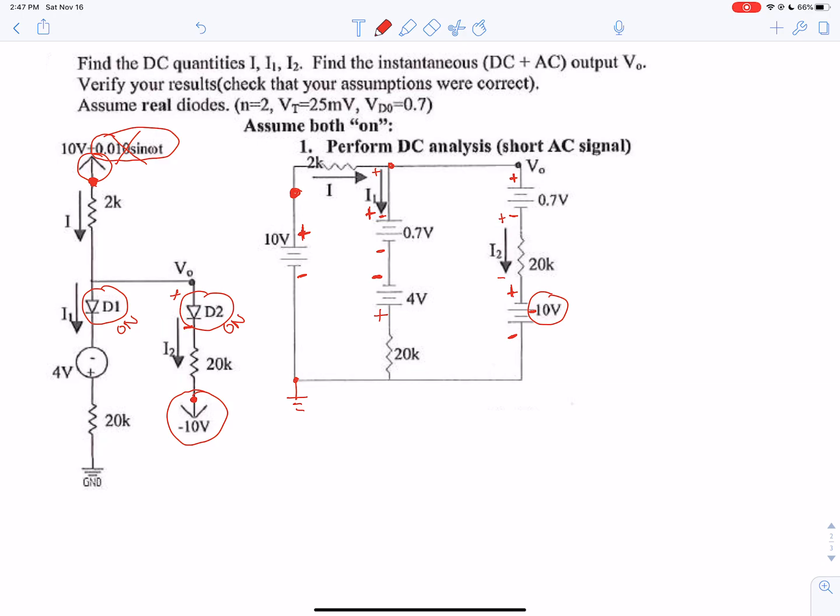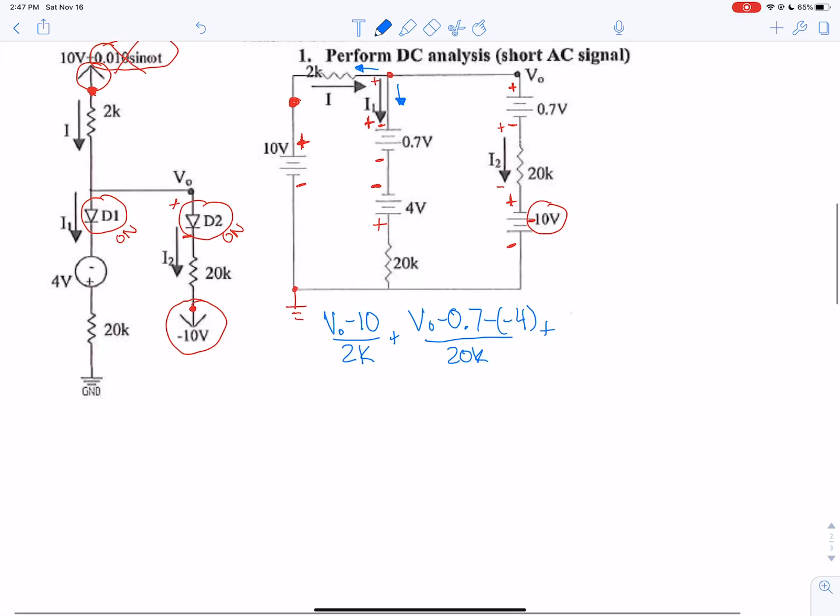From here we can analyze it. I would suggest node voltage. The current in this branch is going to be V0 minus 10 over 2K. The current in this branch is going to be V0 minus 0.7 minus negative 4 over 20K. And the current in this branch is going to be V0 minus 0.7 minus negative 10 over 20K.